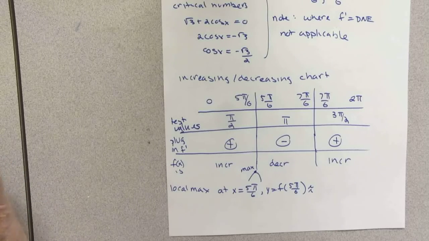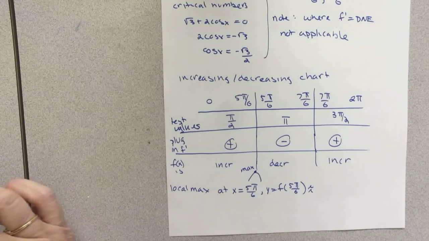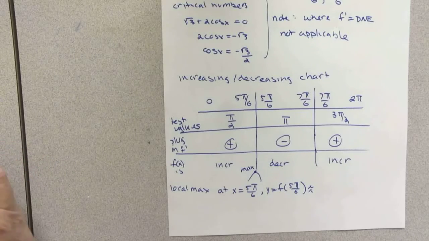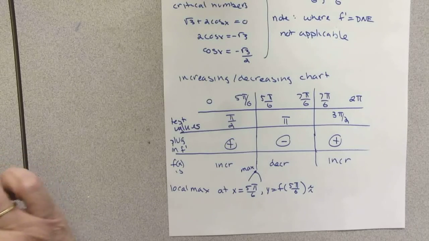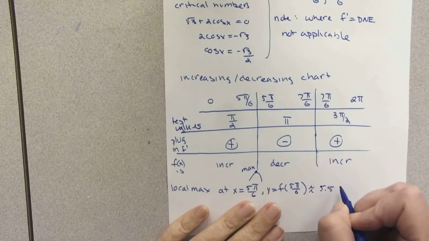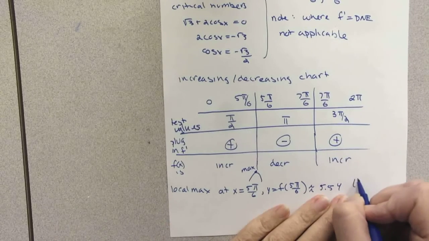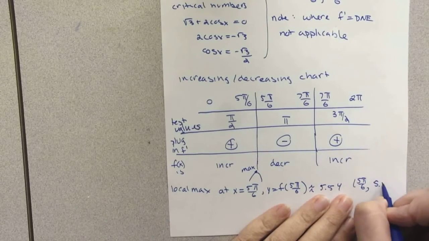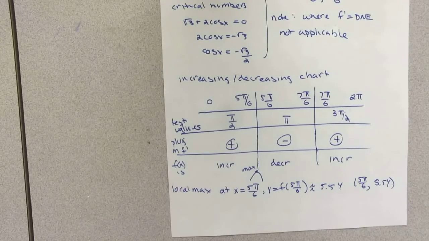So if I plug into my original function, and I did all my typing correctly, this comes up to be roughly 5.54. So I've got 5 pi over 6, 5.54 is my local max.